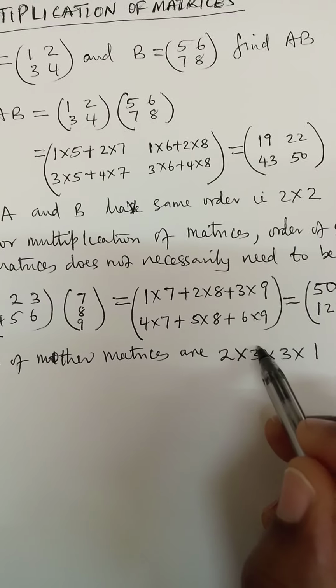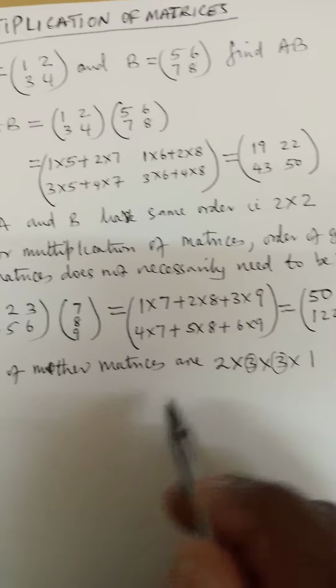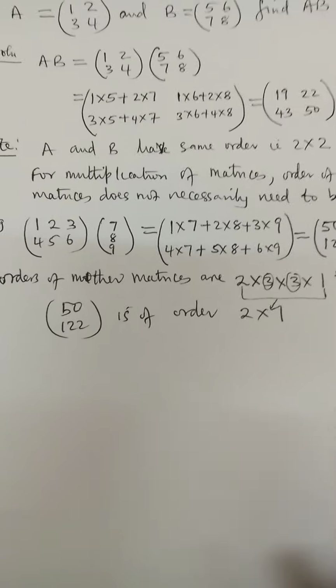Given these, the result matrix, which we have just got, 50, 122, is of order 2 by 1, which you can see here. So matrix multiplication can be possible.